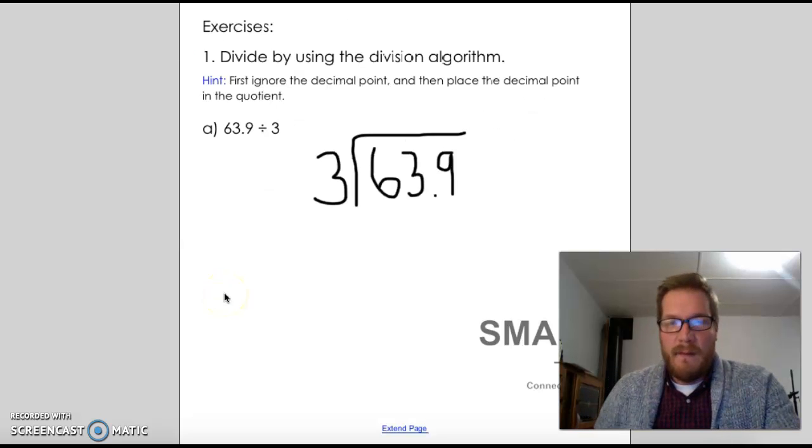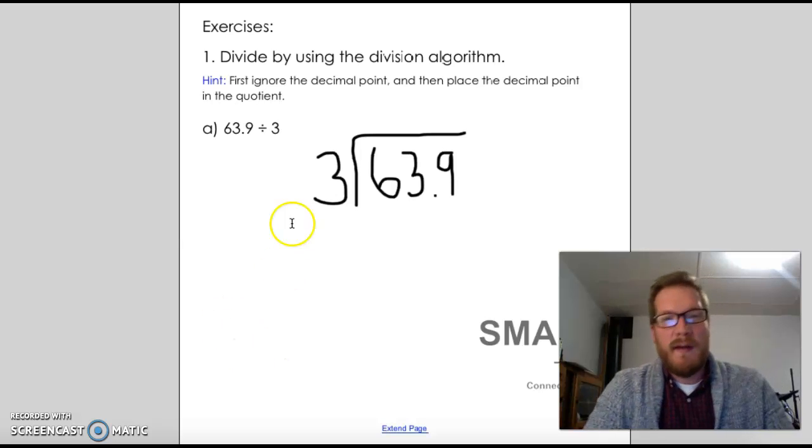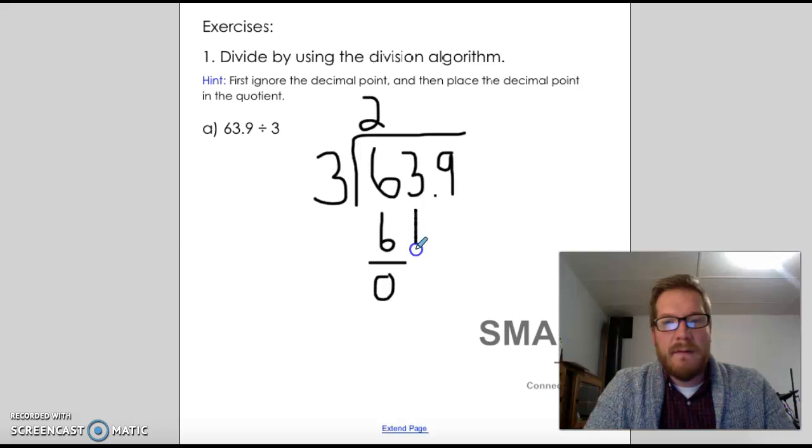And so again, I've neatly pre-drawn the question here, but we're going to do 63.9 divided by 3. Let's see if I can keep it small. 3 goes into 6 2 times. So 2 times 3 is 6. Do the subtraction. 0 left over. Bring down our 3.